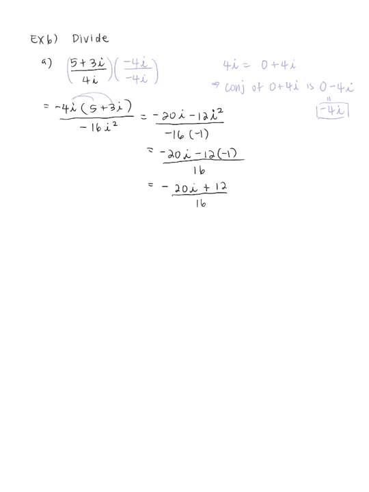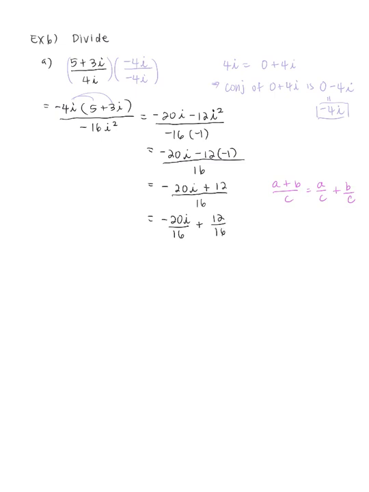Okay, so now remember this: a plus b all over c is a over c plus b over c, not a plus c. All right, so we're going to apply this and I'm going to split them up. So this is the same thing as negative 20i over 16 plus 12 over 16.